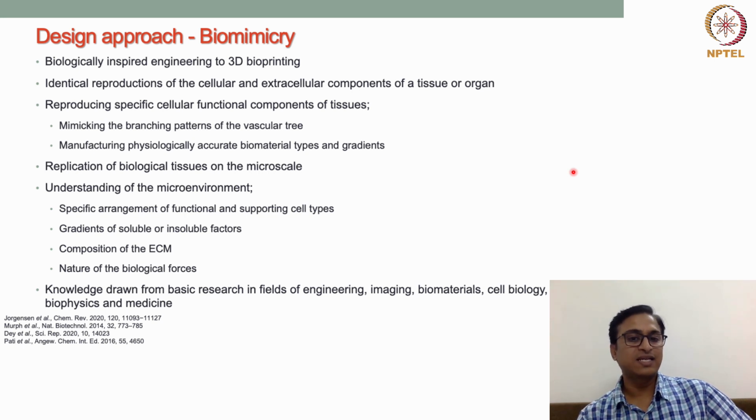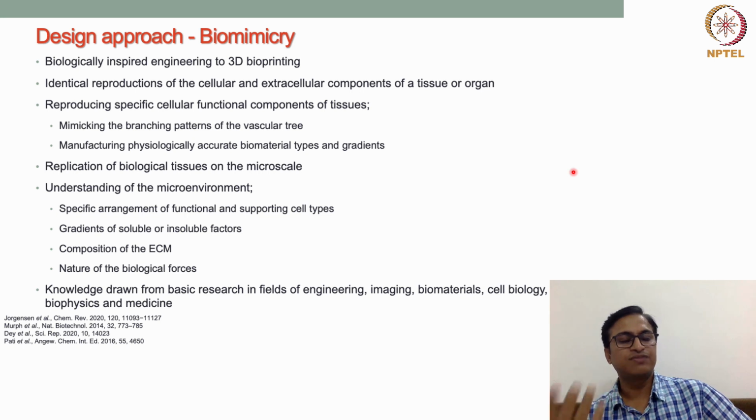That can be understood better when we see the specific arrangement of functional and supportive cell types. In different tissues, there are certain cells that are the main functional cells that do the main job of that particular tissue. Functional cell types can be either one or different types.